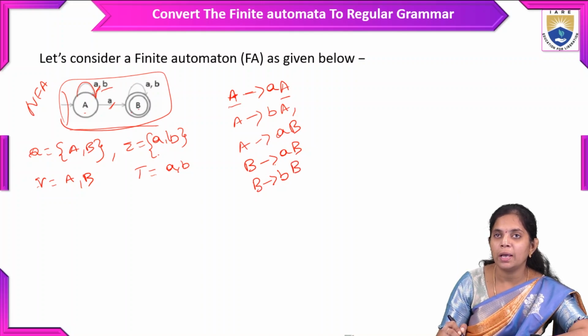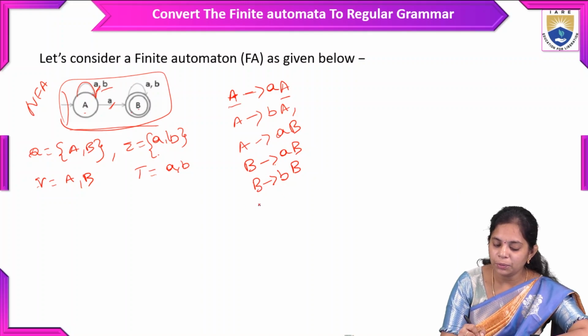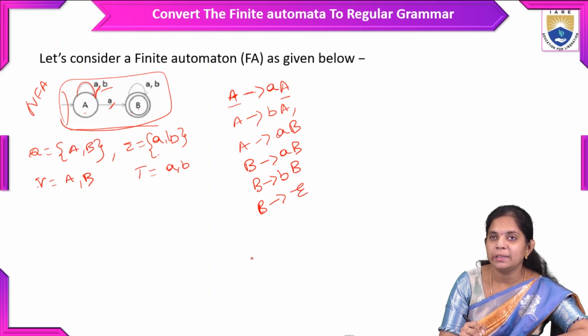The last step of the algorithm is that we need to add the epsilon symbol to end the derivation.